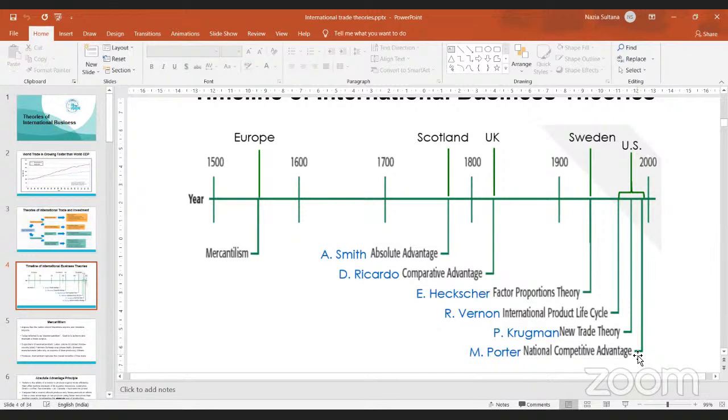And then these theories are across the timelines, and each one of them is expressing something related to international trade. So let us see what these theories are actually talking about and in what context. The first one is the theory of mercantilism.